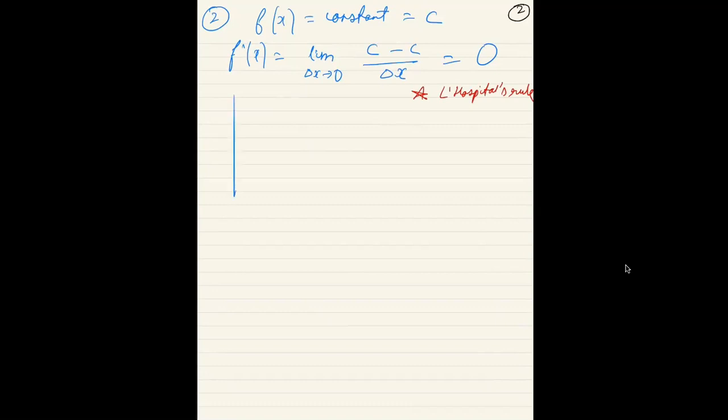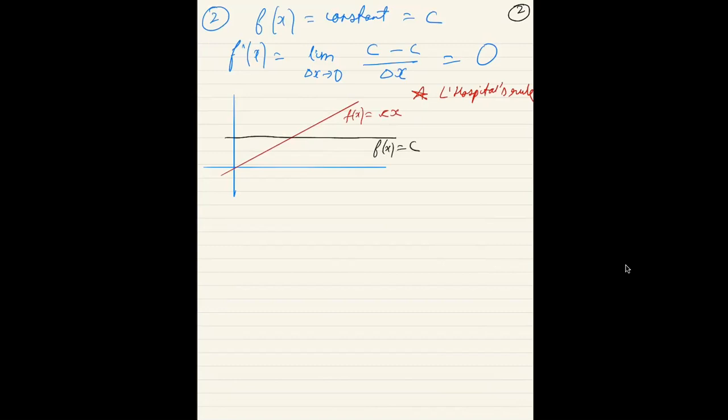What are we talking about here? We're talking about a function. If you have a function f of x equal to cx, which we had in the last example, then that's going to look like this. We could also have a function that looks like f of x equal to c.